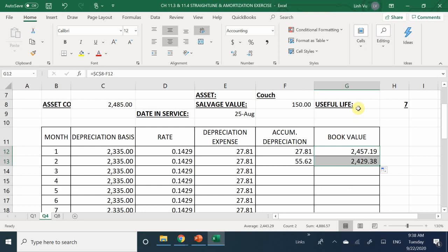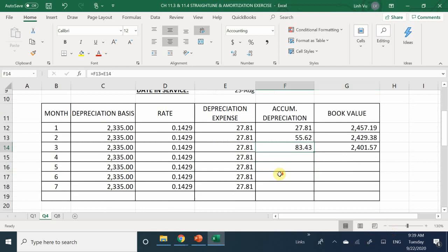Okay. What is my accumulated depreciation for the third month? 8343. 8343. And what is my book value going to be for the third month? 2401.57.